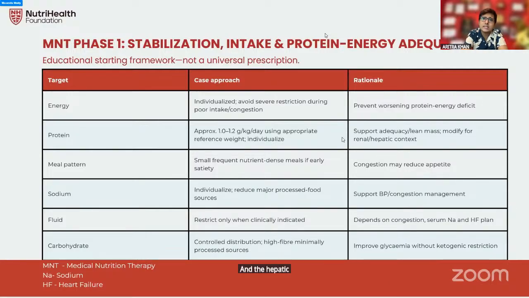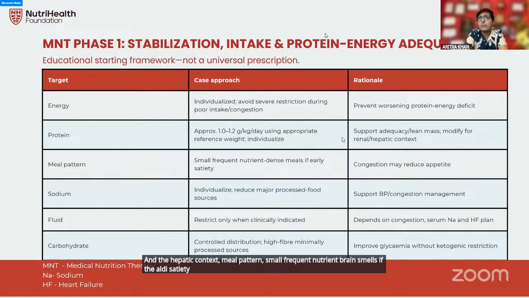Why? Because this can activate our solitary tract and brain part, the hindbrain side, which is the nucleus tractus solitarius, increasing activation of the nausea and vomiting center. So this kind of problem can occur, and the patient is sometimes very anorexic, not willing to have anything.